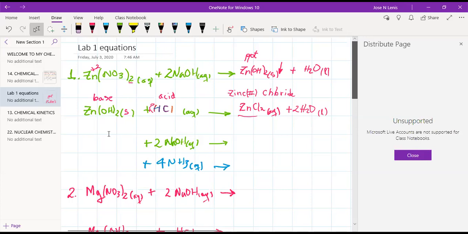Because they usually form cloudy solutions, milky, or it depends on the color of the ion, the emission during the electronic transition of the ion during the reaction. And also you recognize the formation of precipitate because it's a solid.